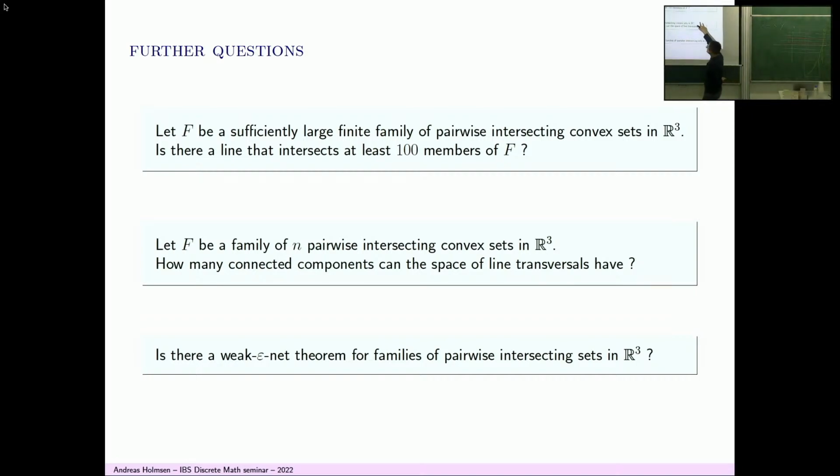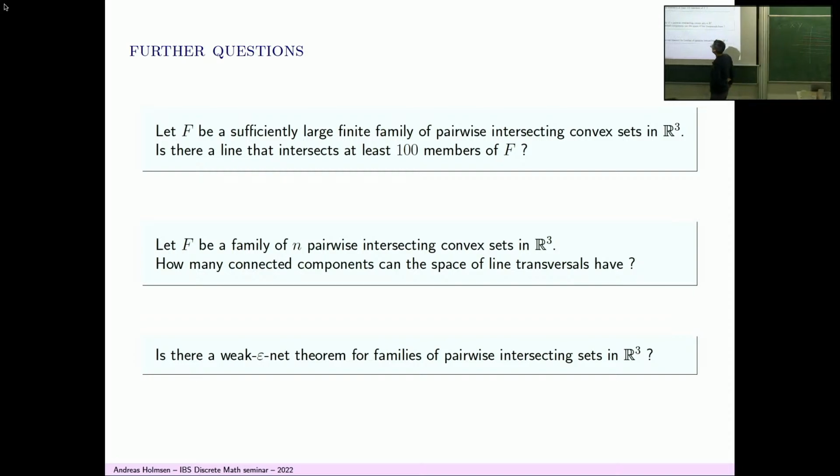In fact, Nathan Rubin, Edgardo Roldan and Leonardo Martinez conjecture something stronger, that there's some linear relation here: that for a finite family, you can always intersect a positive fraction of them by a line. But even this question we don't know how to answer.